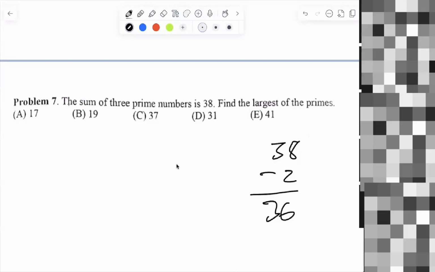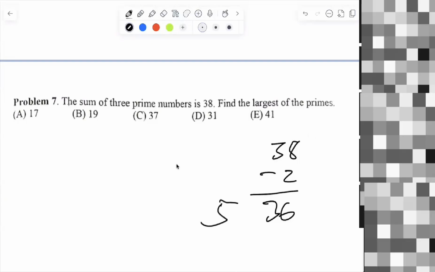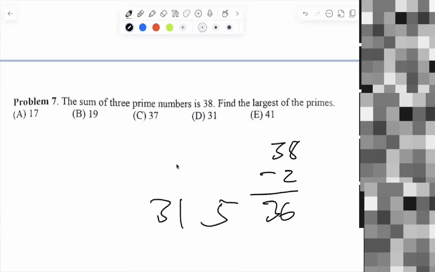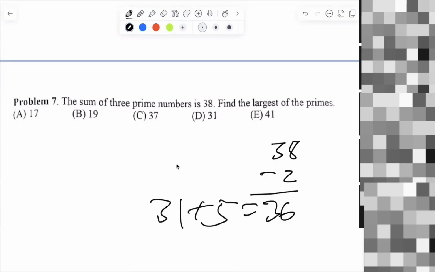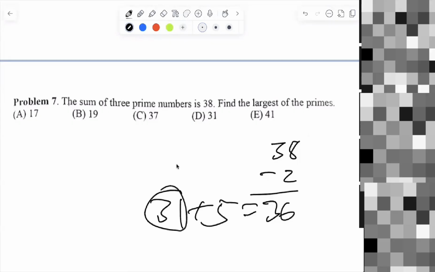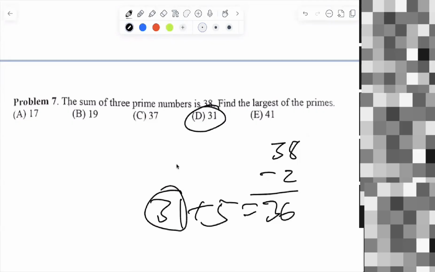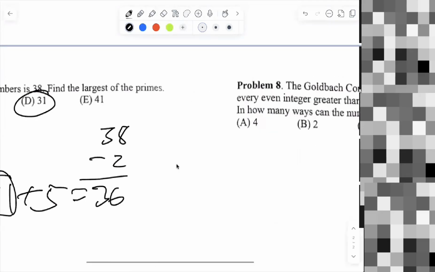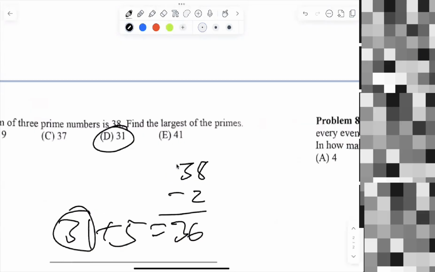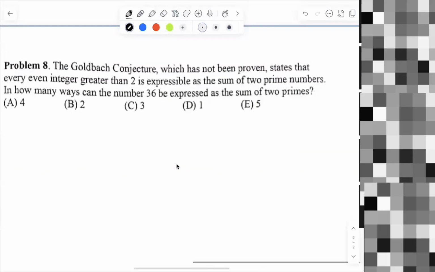From here, notice that if we choose 5 and 31, this sums up to 36. They're both prime, and 31 is the largest of them. Alright? So the answer to the question is just D, or 31, since that's the largest. Notice that 3 does not work because 36 is divisible by 3, which means the other number is not going to be prime.